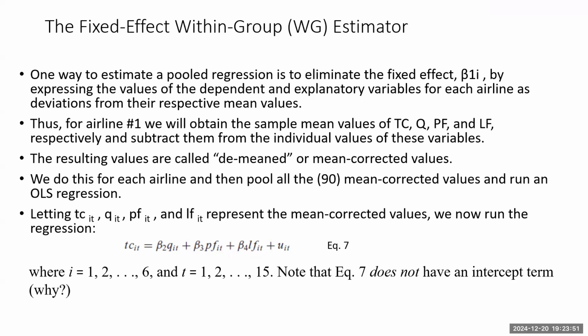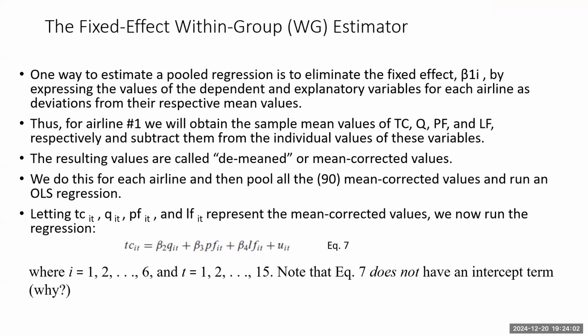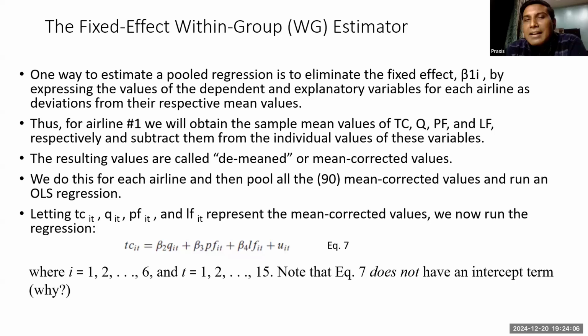Yes, sir. So if I demean each observation of each variable, what will happen? This fixed effect will automatically be removed. Yes or no? Yes, sir. So if that happens, then I achieve two things. I considered those fixed effects in the model, but I actually remove them.